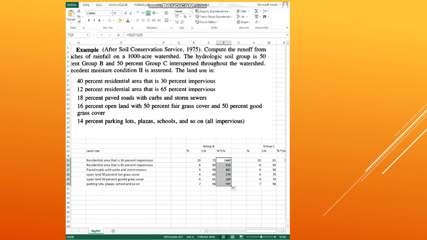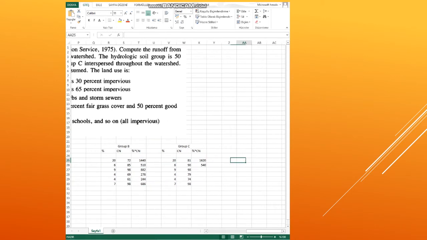Then let's see the product, and make the total of these products.